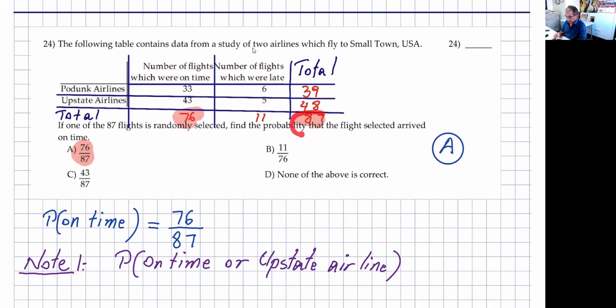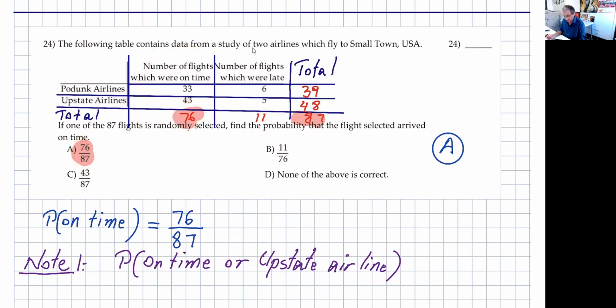And if you add all of them, you get 87. If one of the 87 flights is randomly selected, find the probability that the flight selected arrived on time. On time, it's right here. So it's just going to be 76 out of 87.